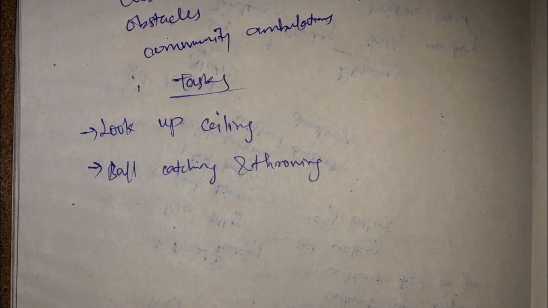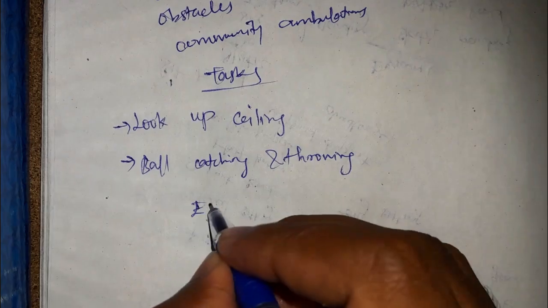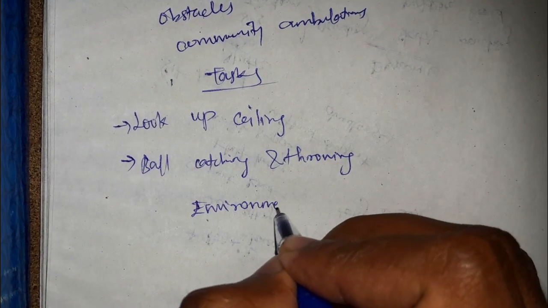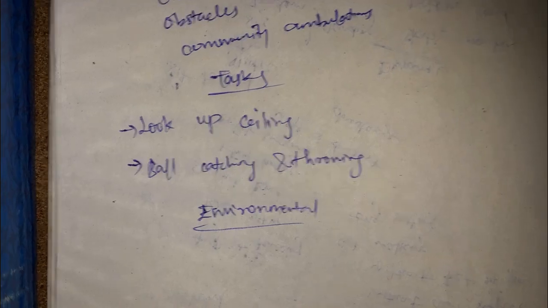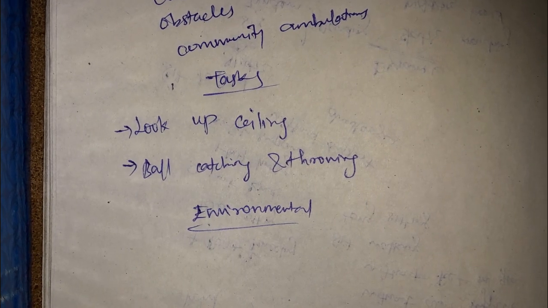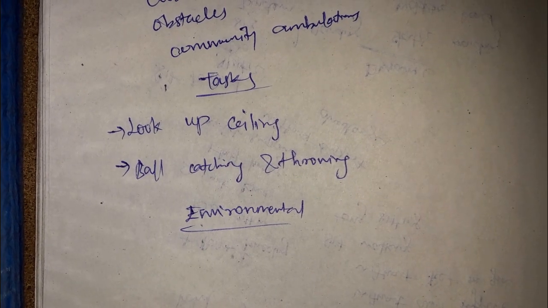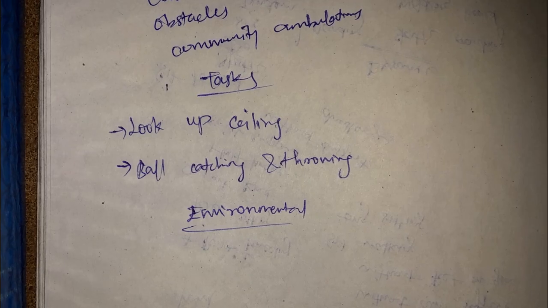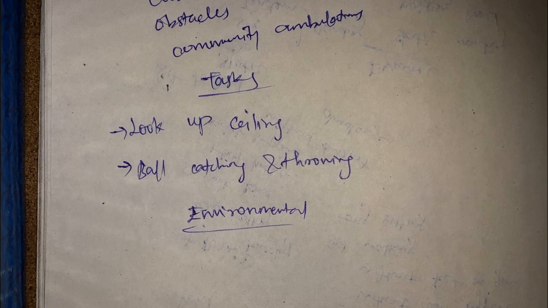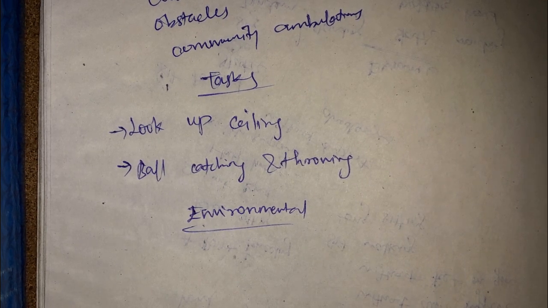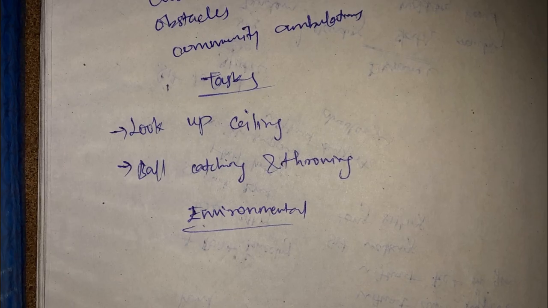Then we can give more environmental modifications, that is low chairs, low beds. Unstable furniture, if unstable we can repair immediately. Ladders, step ladders, avoid them. For lack of grab rails, we have to install appropriate handrails on stairs and steps.